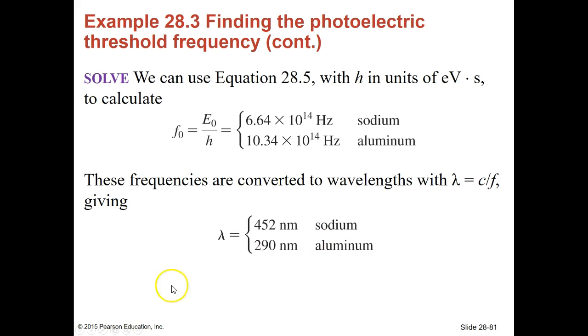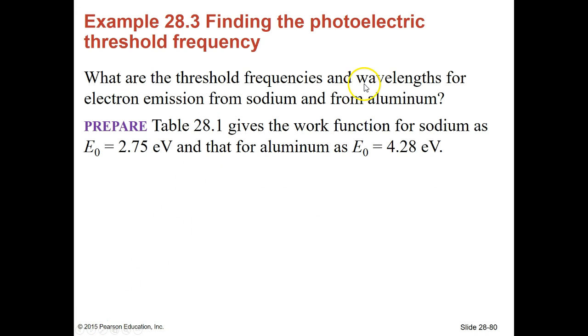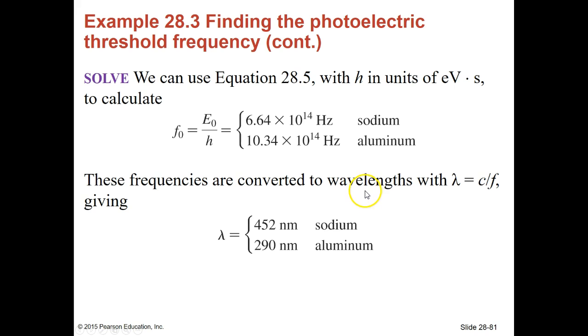They want us to figure out the threshold frequencies and wavelengths of the electron emission spectrum for sodium and aluminum. There is a table that we just went through that shows the work function for sodium is about 2.75 eV and for aluminum is about 4.28 eV. To find the frequencies, I just take the work function divided by Planck's constant, and I end up with 6.64 times 10 to the 14th hertz for sodium and 10.34 times 10 to the 14th hertz for aluminum.